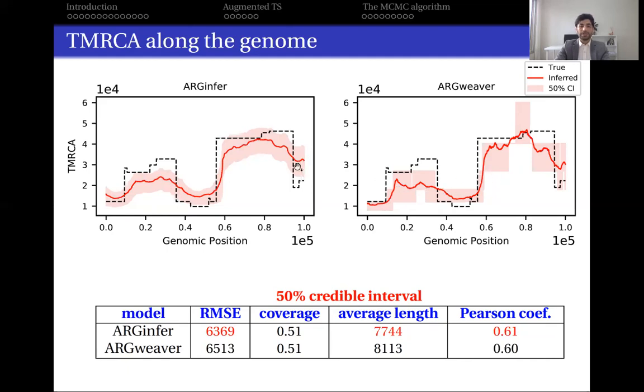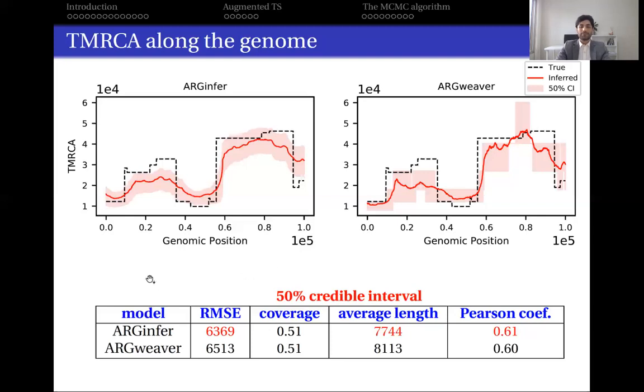And the shade is the 50% credible interval, and we see that it's very smooth for ours, but on the other hand, it's box-like for ARGweaver. The reason is that ARGweaver approximates the time and uses a pre-specified discrete axis for time, and the result is here.